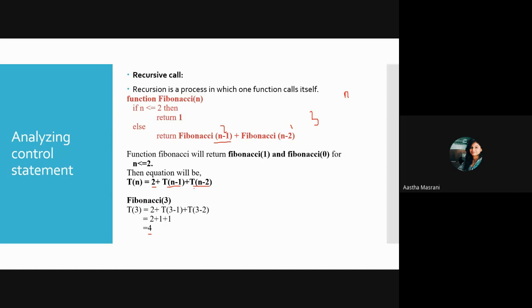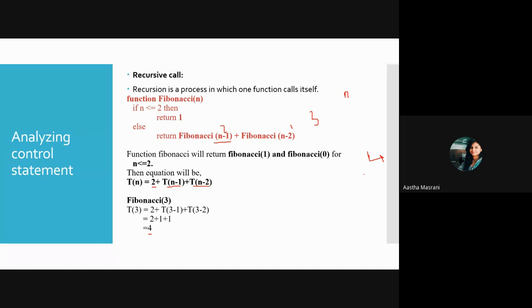So this is how you make the equation for any recursive call. If I'm finding the recursive call for finding the factorial of 4, then for the factorial of 4, I need to find out factorial of 3, factorial of 2, factorial of 1.